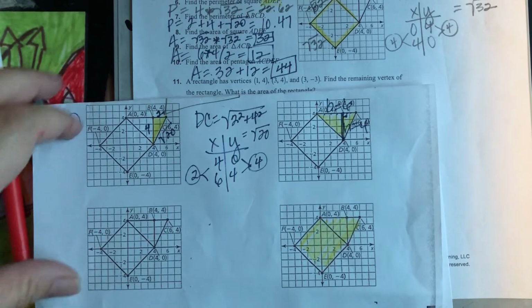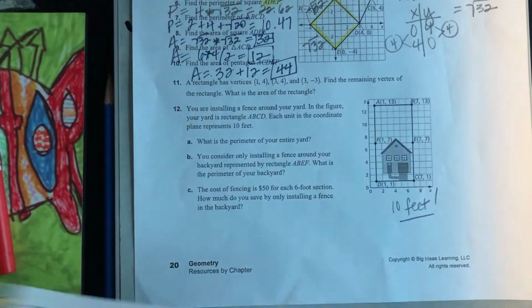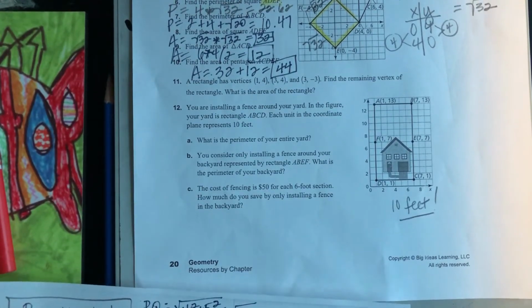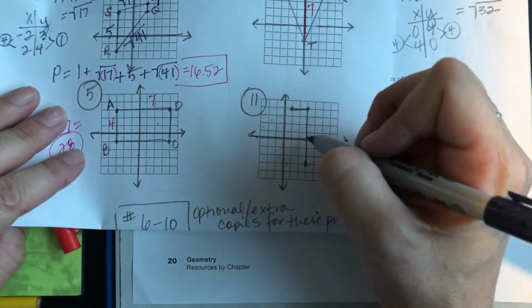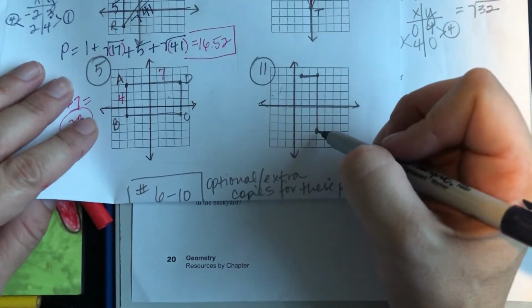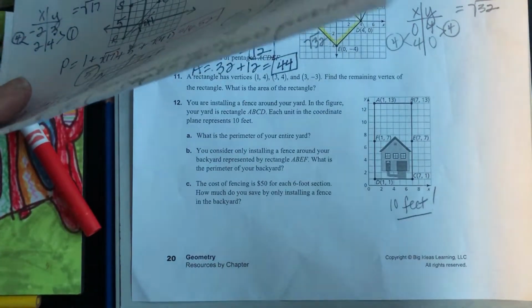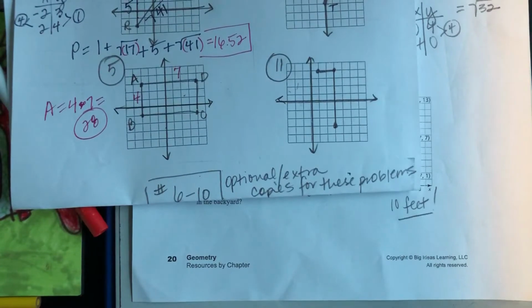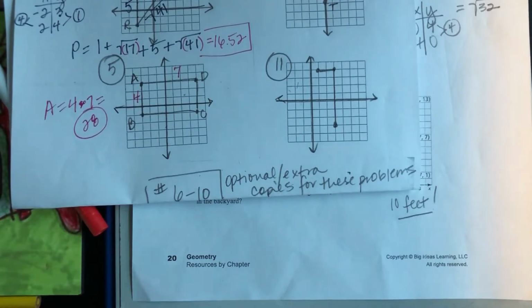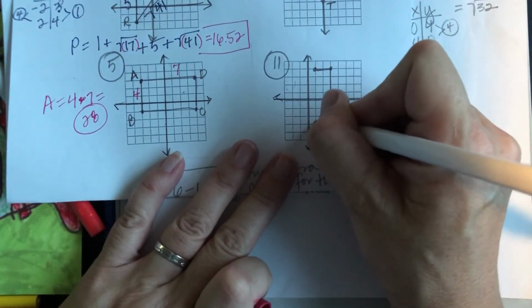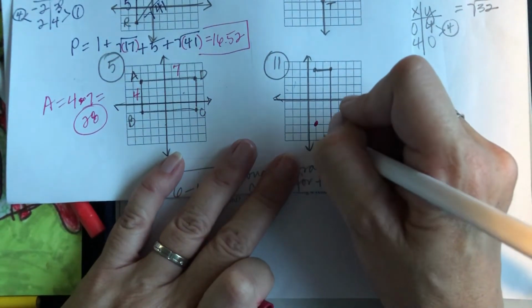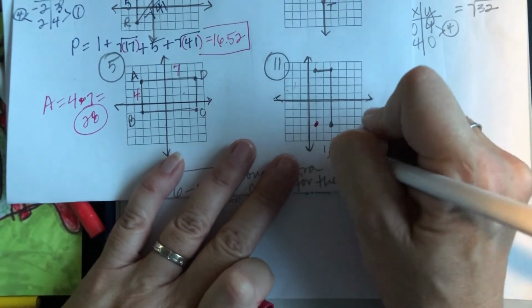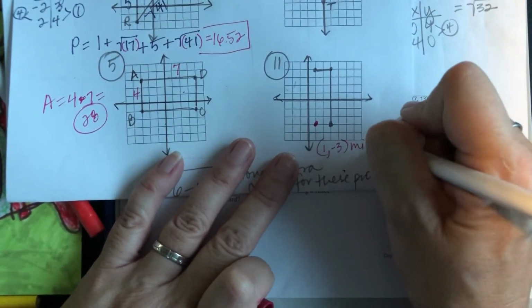Now for question 11, I plotted the 3 vertices. A rectangle has these vertices. I put them on my paper. 1, 4, 3, 4, and 3, -3. And find the remaining vertex and what's the area. Well, if I had to put on another vertex to make it a rectangle, it would have to be at 1, -3. 1, -3 is the missing point.